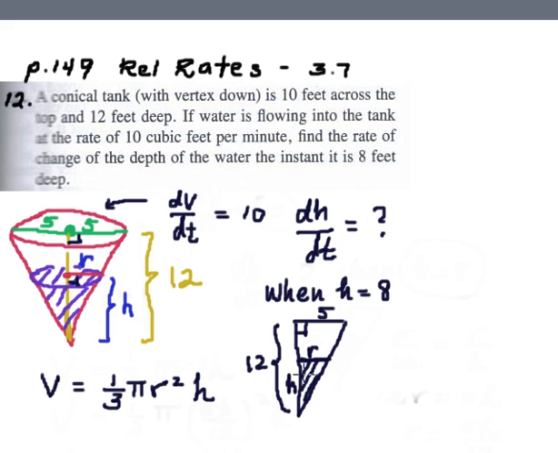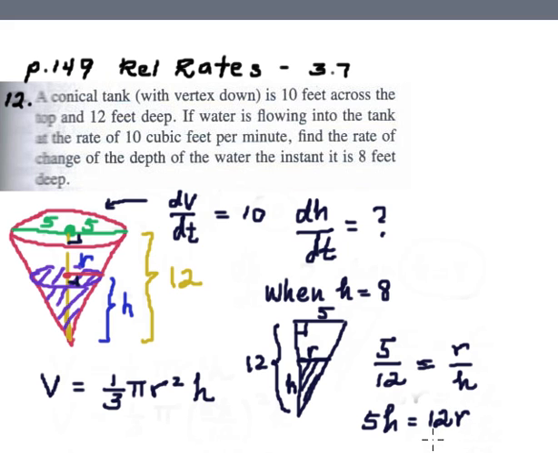So here we have similar triangles, and similar triangles give us a proportion, which is 5 is to 12 as r is to h. Cross multiply, and we have 5h is equal to 12r.